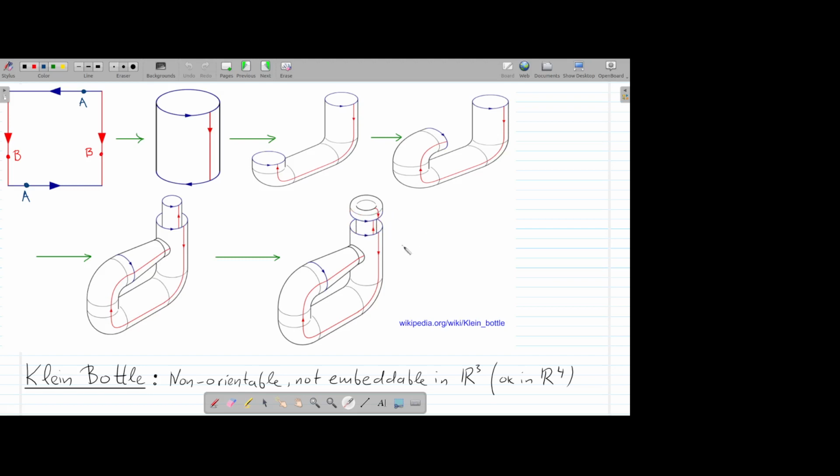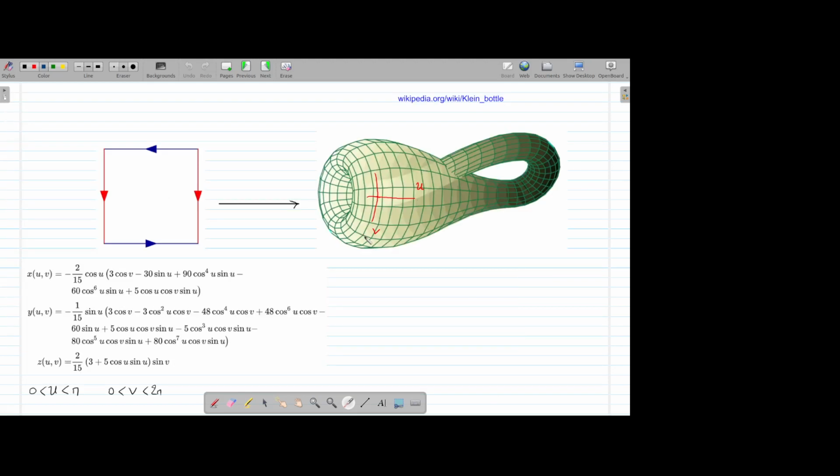But in the process, you see that this surface has to cut itself. So this is not actually an embedding of the Klein bottle, but it is a map which is called in mathematics an immersion. And this is actually how this immersion looks like.